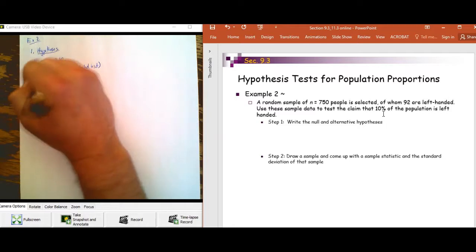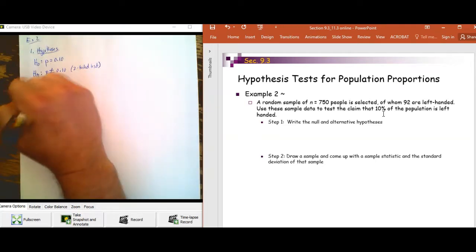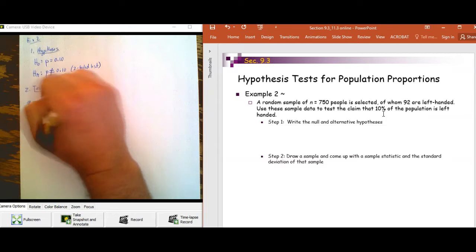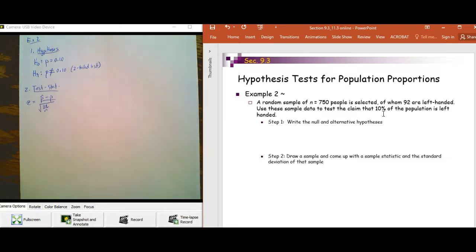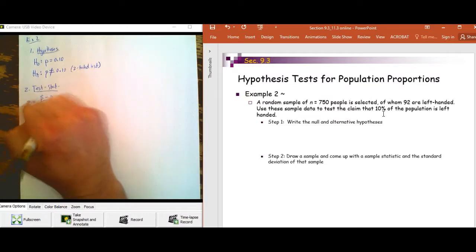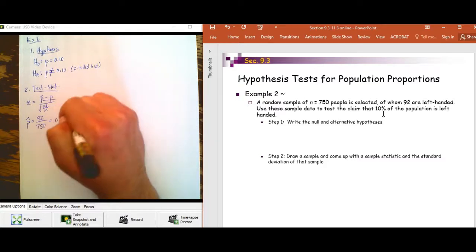Step 2, test statistic. So recall z is equal to p hat minus p over the square root of pq over n. So we have our p, we'll be able to find q then, we have n, we would just need p hat. And recall p hat comes from the problem. Here, 92 out of the 750 were left-handed. So p hat is simply 92 over 750, which is 0.123.